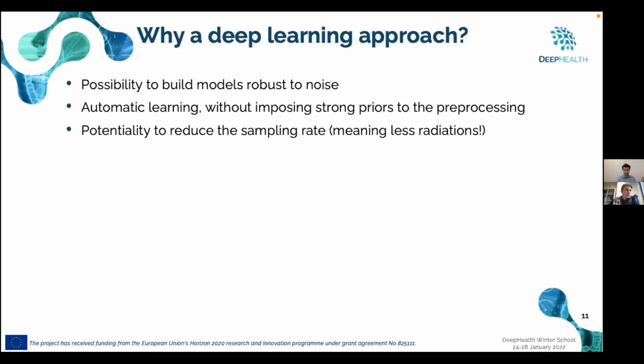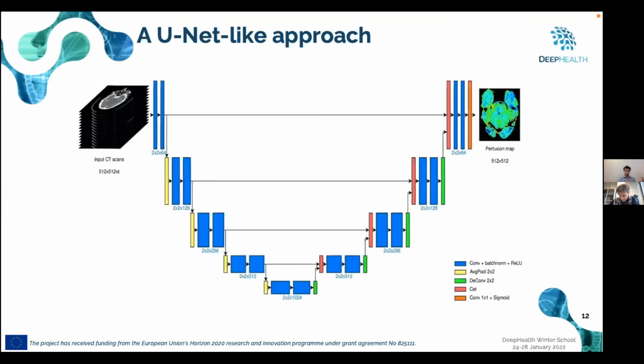And these sources of noise sometimes are unpredictable. And potentially, and this is the most interesting part of the study, we can reduce the sampling rate. And this is definitely the final goal of this entire study. But we're going to see that in a little time.